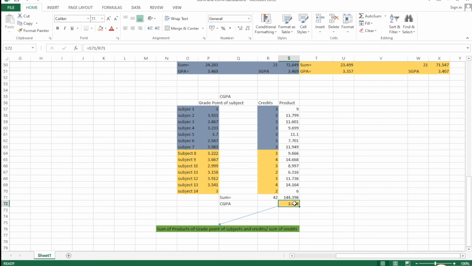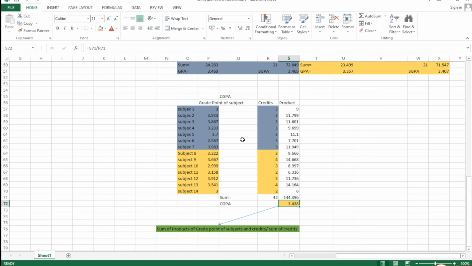So this is CGPA. CGPA is the cumulative grade point average, where cumulation has happened for the first semester and the second semester. Now as the student progresses, we add the third semester, calculate the products of credit and the grade point of the subject, total them, divide by the total number of credits, calculate the weighted mean, and you will find the CGPA.